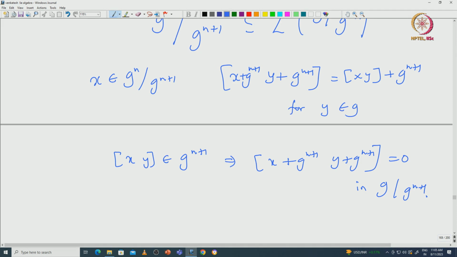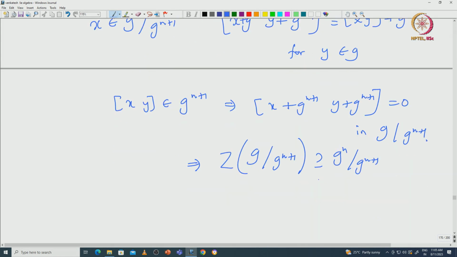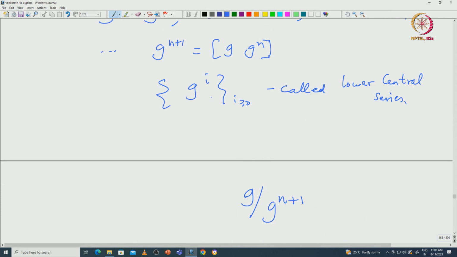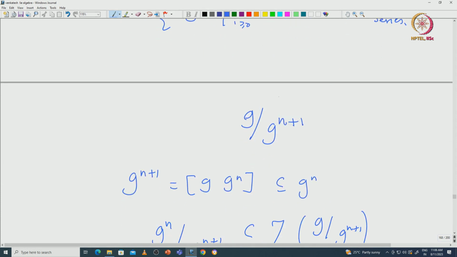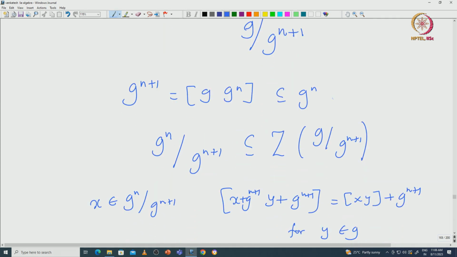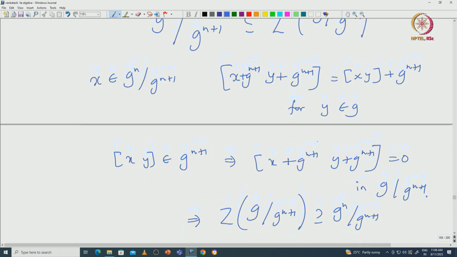So, that means the center of g modulo g^(n+1) contains g^n modulo g^(n+1). Okay. Because of this we call this a central series. Every time you go modulo the previous thing, the new thing, g^n modulo g^(n+1), will be contained in Z modulo g^(n+1).